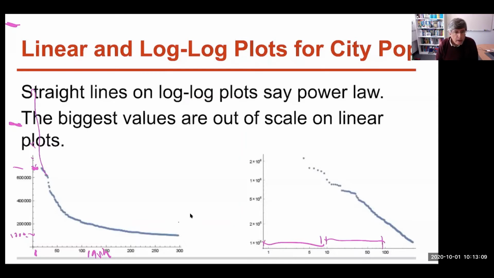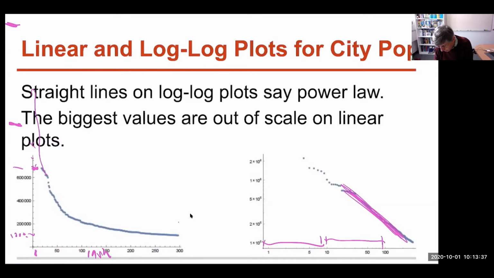Now, when I plot the log of the population against the log of the rank, you see that over a long period, it falls on a straight line.